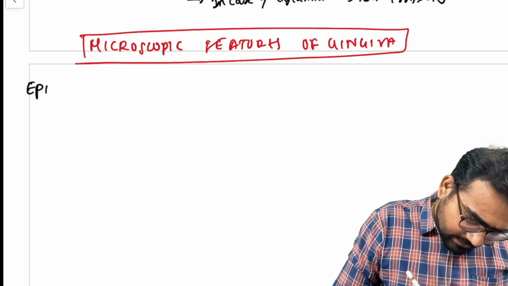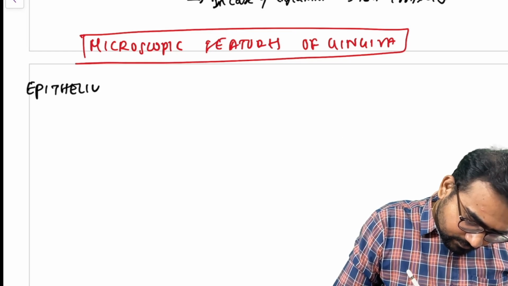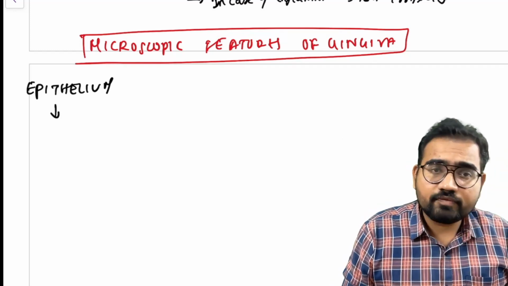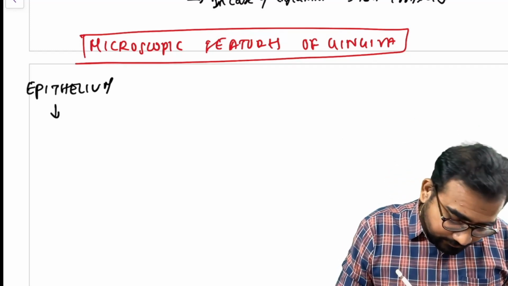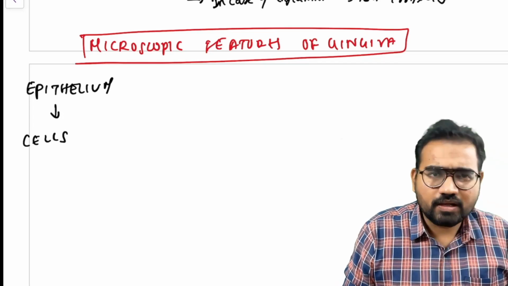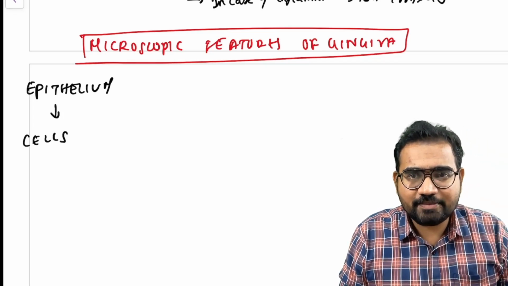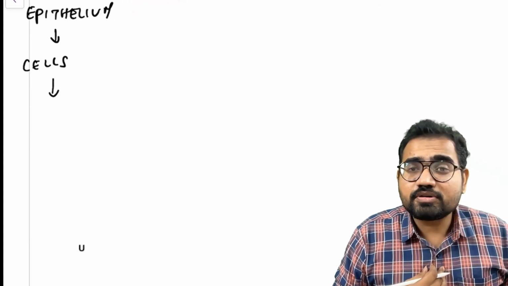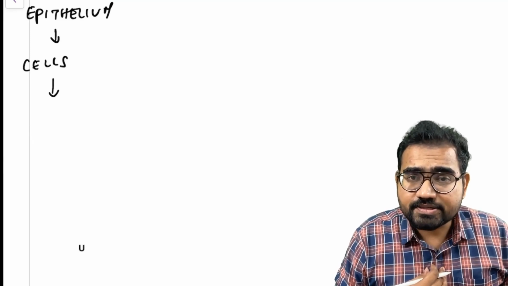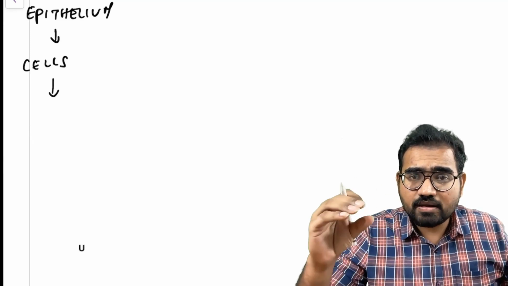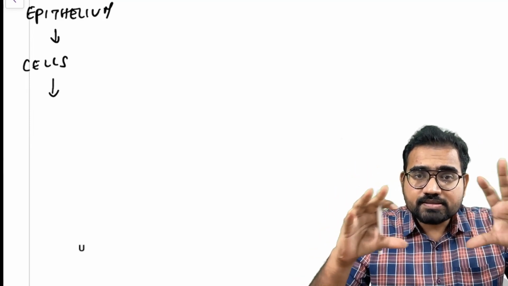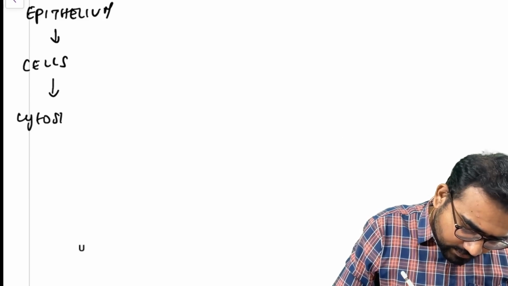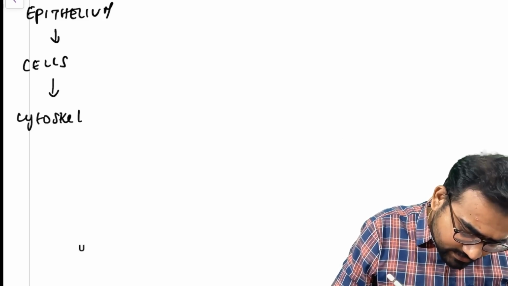Whatever epithelium you take, it will have cells. It's self understood, right? Any epithelium, it will have cells. Now, similar to our body's skeletal system, each cell will have a skeletal system that is called the cytoskeleton.